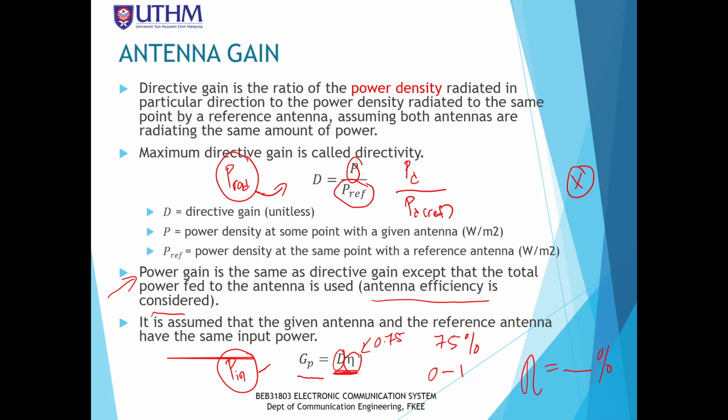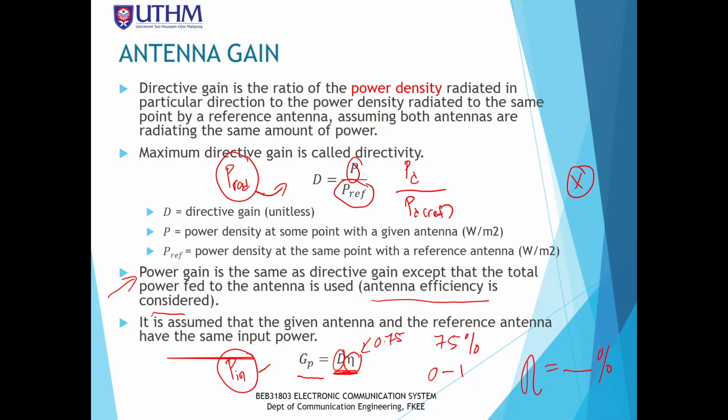Manakala when we want to consider the power gain of the antenna, it is related to the antenna efficiency itself and the power supplied to the antenna. So apabila kita nak mengukur EIRP juga berdasarkan power gain, dia juga mengikut parameter antenna efficiency dan juga power yang dibekalkan kepada antenna tersebut.